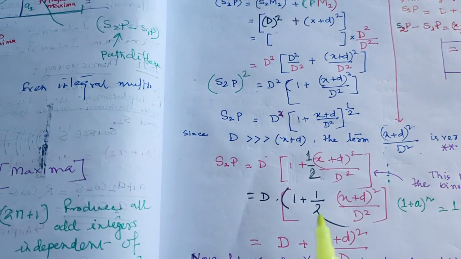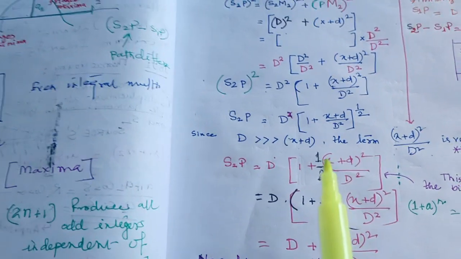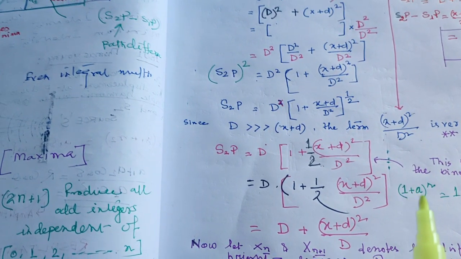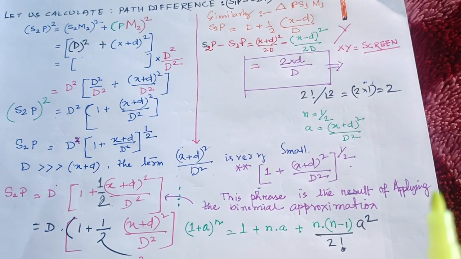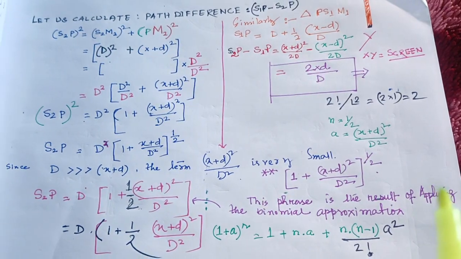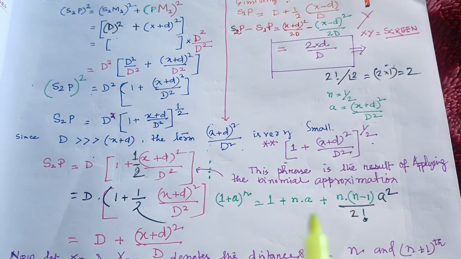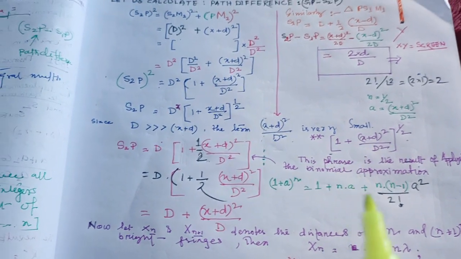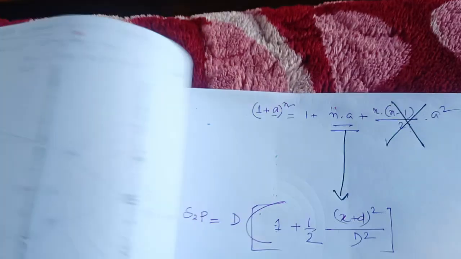Half. So if we get such an arrangement, we can compare it with the binomial approximation. This phrase is the result of binomial approximation, and we are applying this, and this is the term. This is the expansion of the term. And if anybody has confusion about which one is applicable here, I have solved this for you.